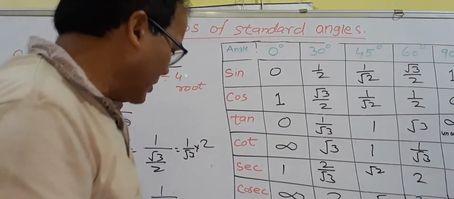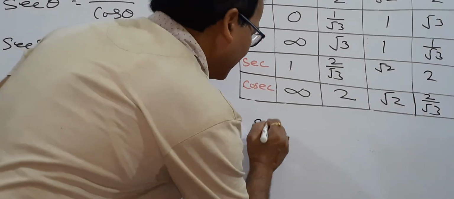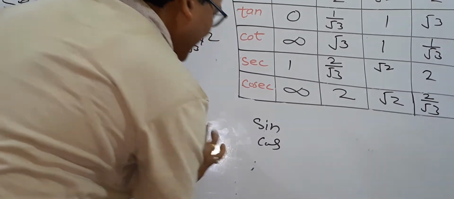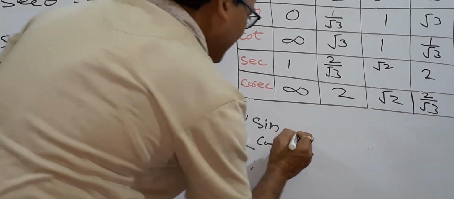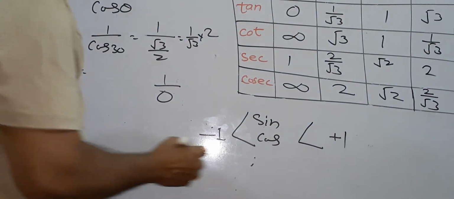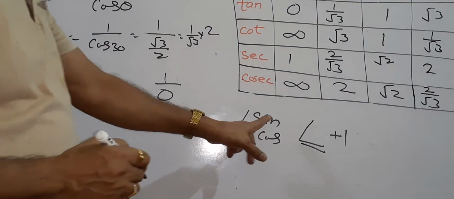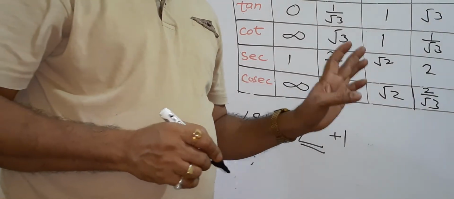Remember, you should note that down. Sine and cos are greater than or equal to -1 and less than or equal to +1. So sine and cos values lie between -1 and +1.